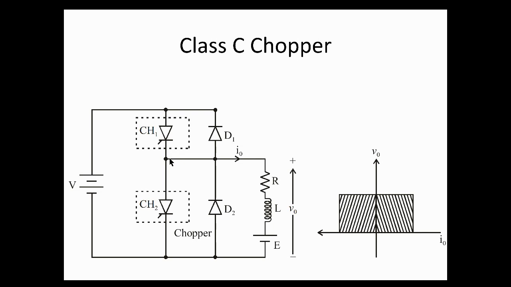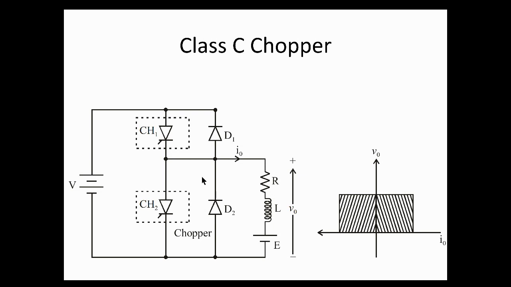When chopper one is now turned off, what is going to happen? The energy that we have stored in the inductor is going to force the current to flow through diode 2, because you now have the energy being released.